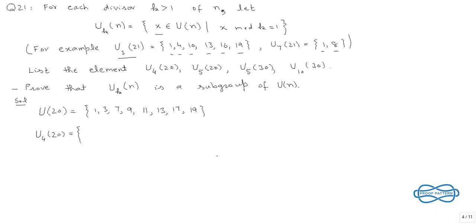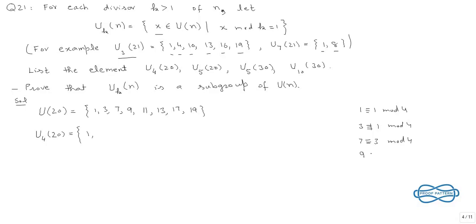Okay. Because 1 is congruent to 1 mod 4, 1 belongs to this. But 3 is not congruent to 1 mod 4, so 3 cannot belong to this group. Similarly, 7 is congruent to 3 mod 4, meaning 7 is not congruent to 1 mod 4, therefore 7 also does not belong to this group.